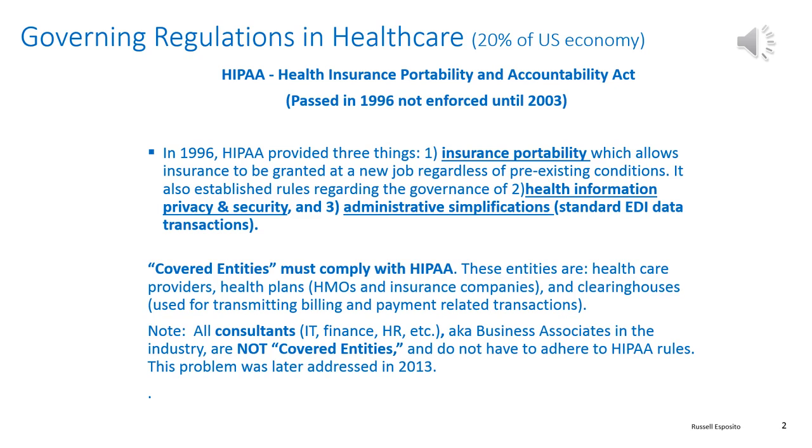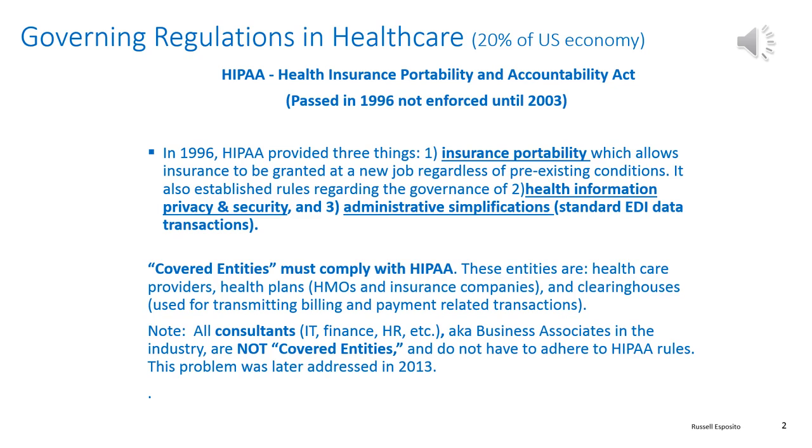So now, when this bill passed, the only covered entities were healthcare providers, healthcare plans, insurance companies, and clearinghouses. All consultants that are looking at patient data, downloading it, using it, massaging it, whether they're programmers in IT, finance, or HR, human resources, etc. All of those consultants in the healthcare industry are called business associates.